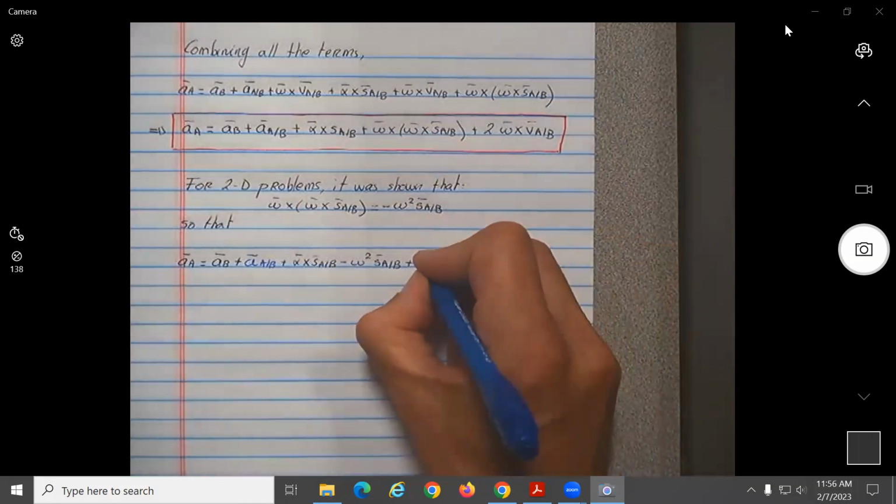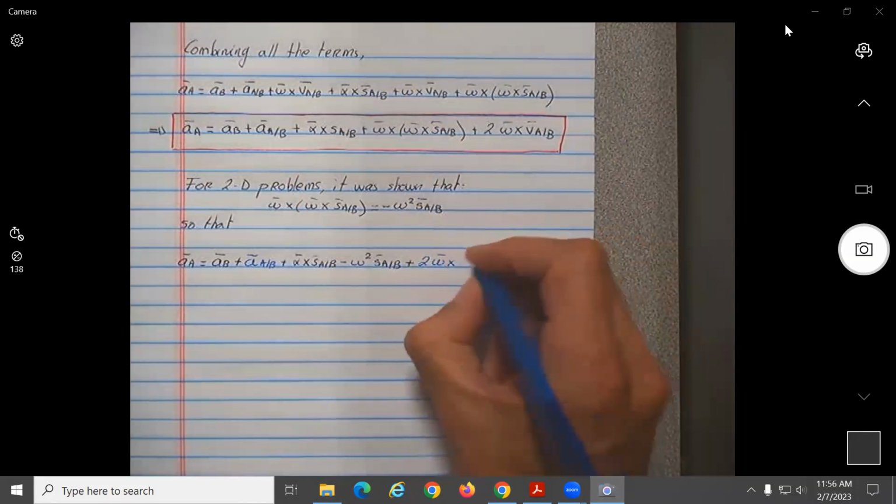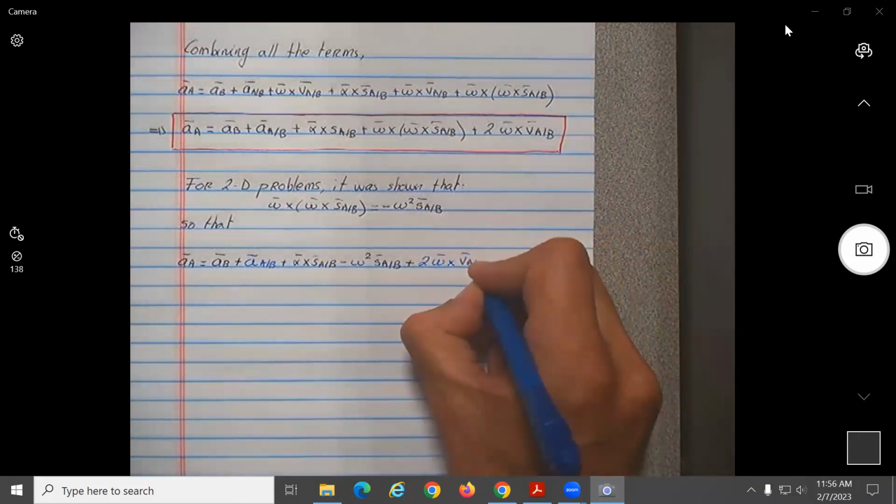So here, plus 2 times omega cross V of A with respect to B.